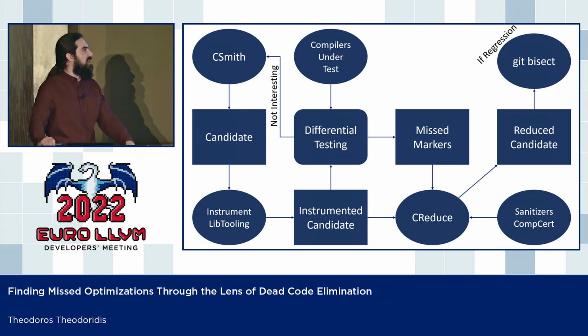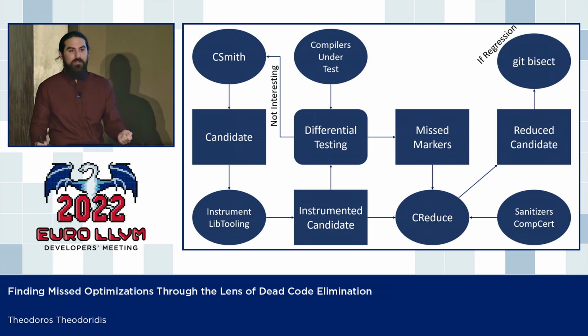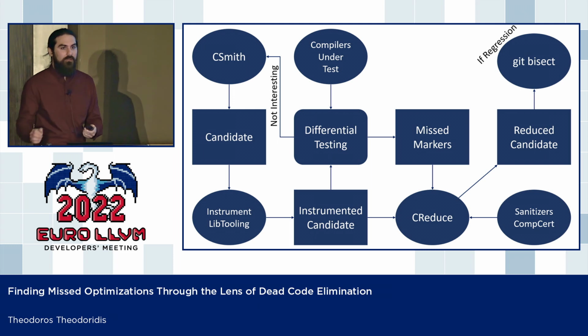But the individual one really depends on how many we have found already, because for regressions, we have a database of what we have found, and we are only interested in finding new ones, not ones that have already been found. Over time, this gets more and more difficult. But if you're testing against a very different compiler like GCC, then you can find this very easily and really fast.